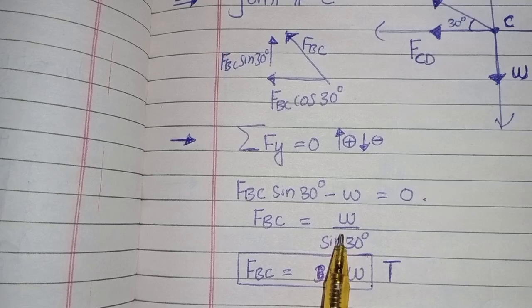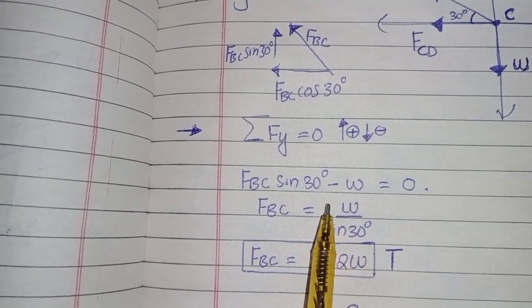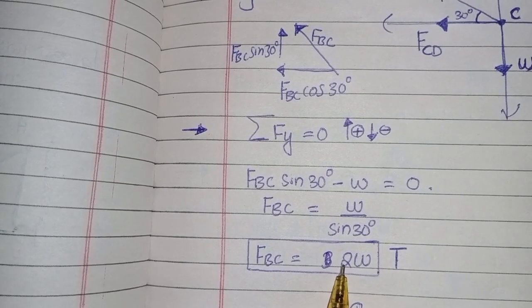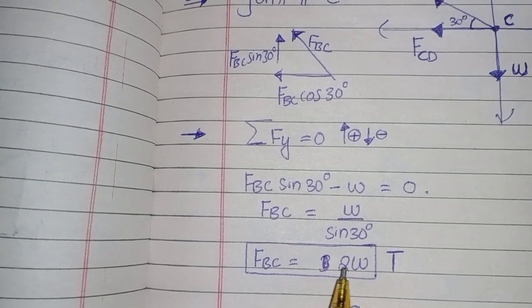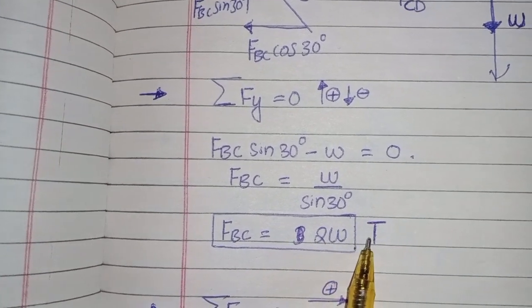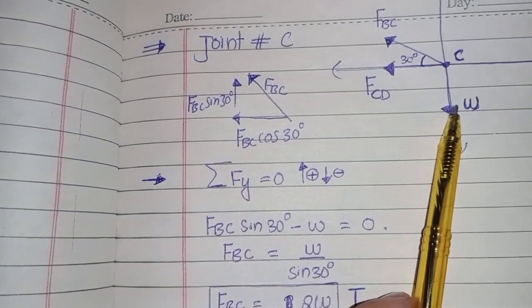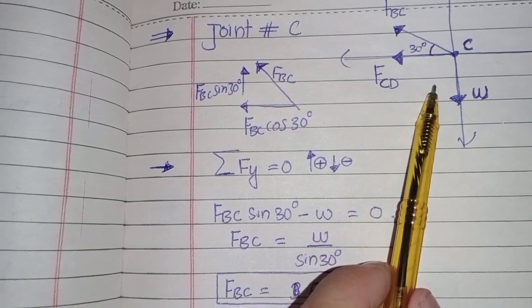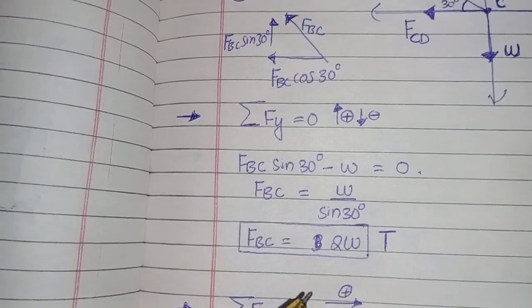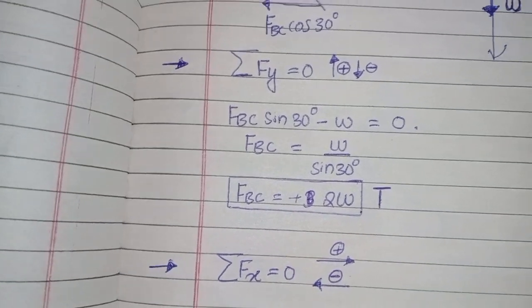So FBC equals W divided by sin 30 degree. If you calculate 1 divided by sin 30, it will come 2W. The answer comes with a positive sign, which means our assumption was right. At first I assumed that all these forces are in tension, so this is in tension.